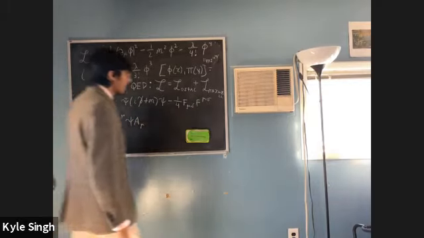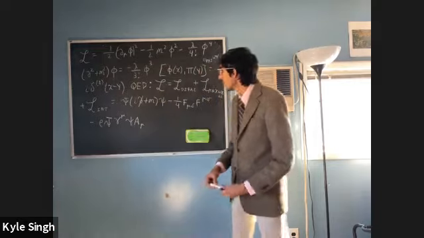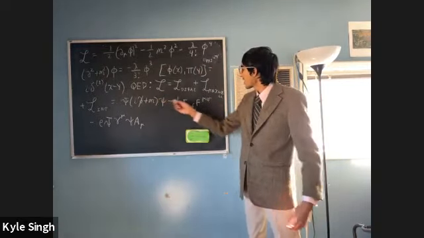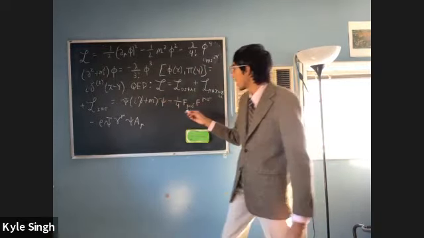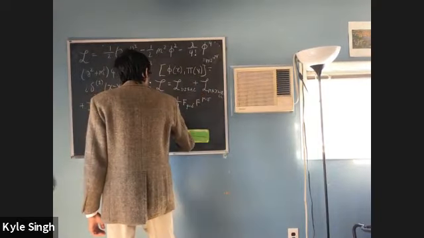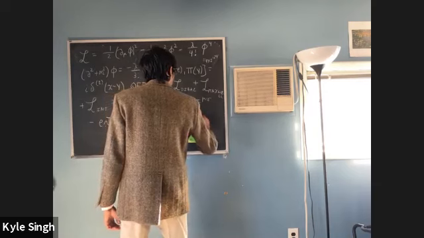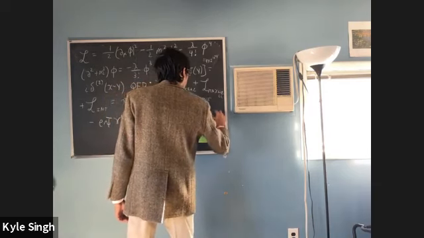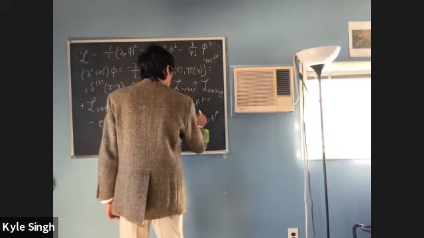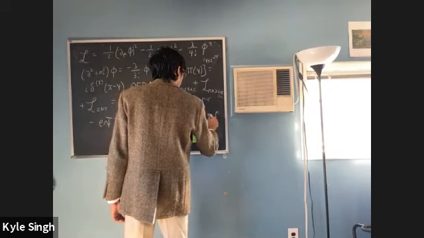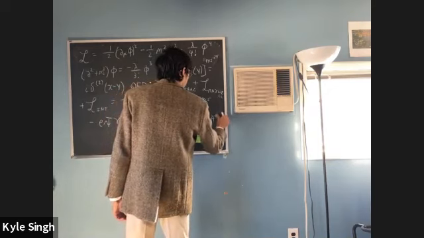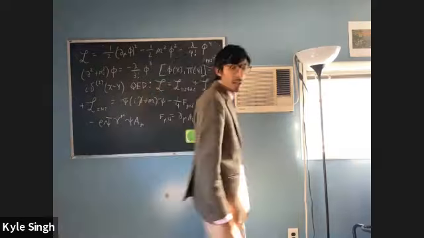Okay, so this is our QED Lagrangian. Standard Dirac, standard Maxwell, right? Where again, F mu nu is the field strength tensor, del mu A nu minus del nu A mu. Oh, sorry. It doesn't even matter. Whatever.